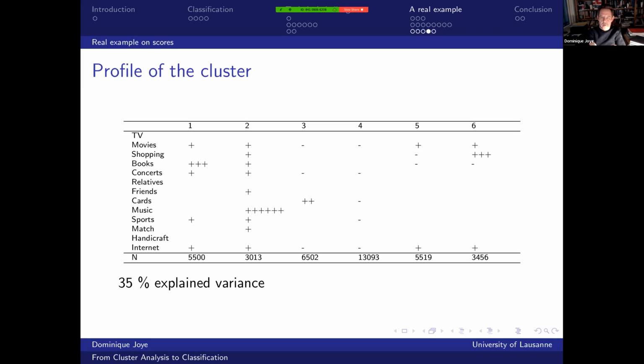And another line of interpretation could be, in an urban environment, I have a lot of opportunities to do activities like shopping, going to movies and so on, while in a more rural environment, I will have fewer opportunities for this kind of activities. And it's probably the difference between group 6 and the other ones.